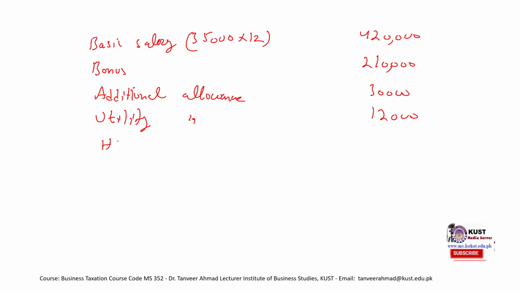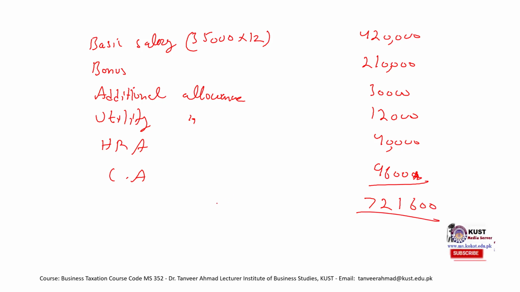Then we have house rent allowance. Allowance is fully taxable, 40,000. And conveyance allowance, that is 9,600. So the whole amount becomes 7,21,600. This is our taxable income.